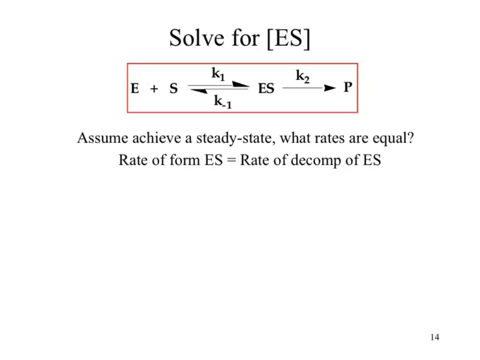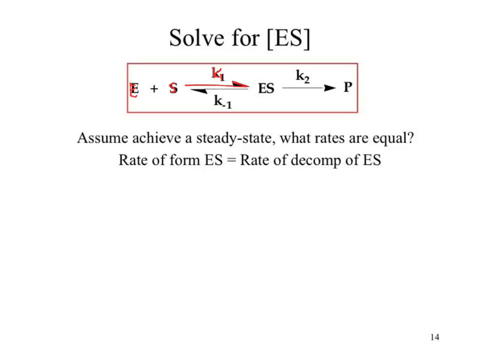So do we know the rate of the formation of the enzyme substrate complex? Okay. And again, we're going to have to make some assumptions. What's going to determine what reaction forms the enzyme substrate complex? The enzyme and the substrate and our rate constant for the formation.